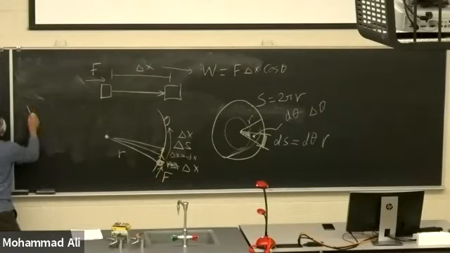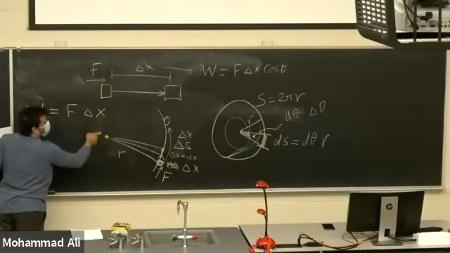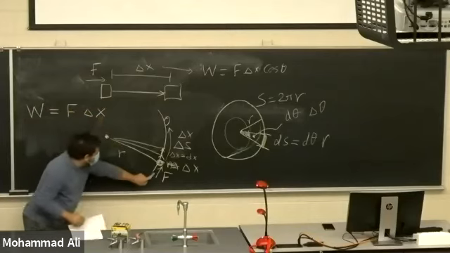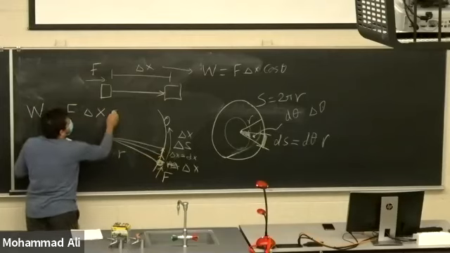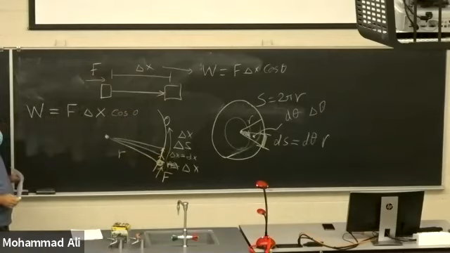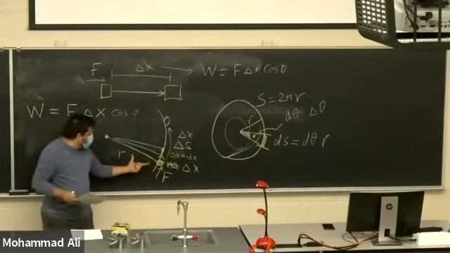Okay, now we have the work, as known, equal to the force multiplied by delta x or delta s. The force is in the same direction as delta x, so we have cosine 0, which is 1. Okay, where is r? We are dealing now with the force and with the displacement. We don't have r.